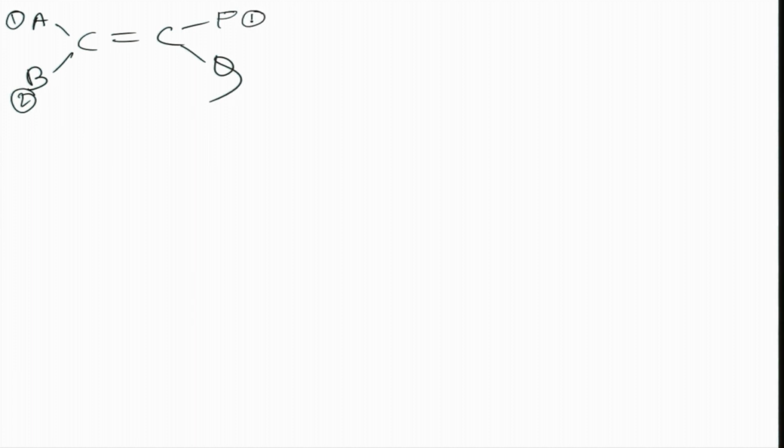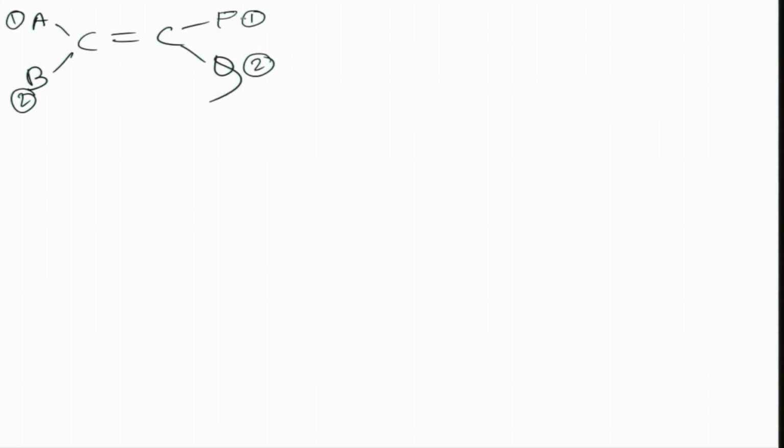So, let us discuss some examples. Before examples, let us say we have 4 groups. This is 1, this is 2 for example, and in this case this is 1, this is 2.